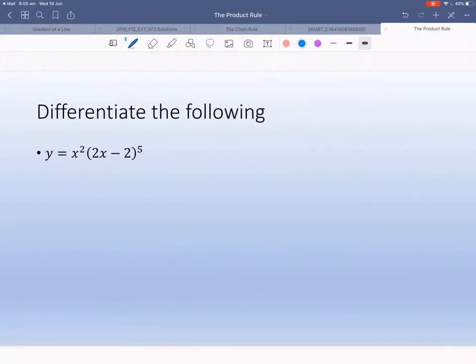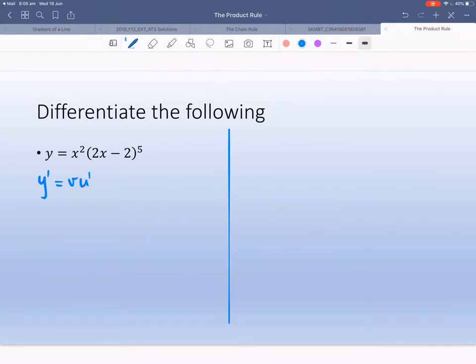Alright, so we're going to differentiate using the product rule. What I'm going to do is write the product rule in the way that I want you to write it. So I'm going to go y dash equals, and we always start with v, alright?